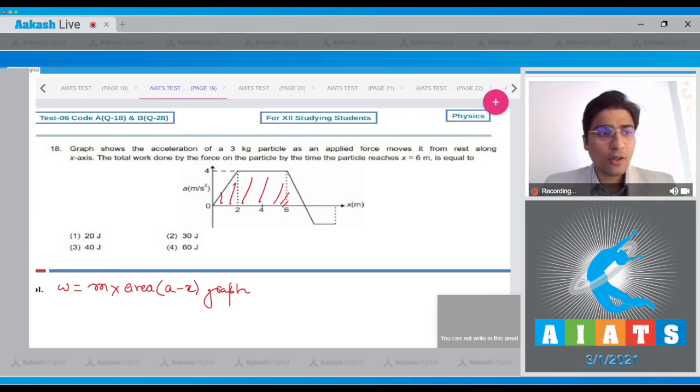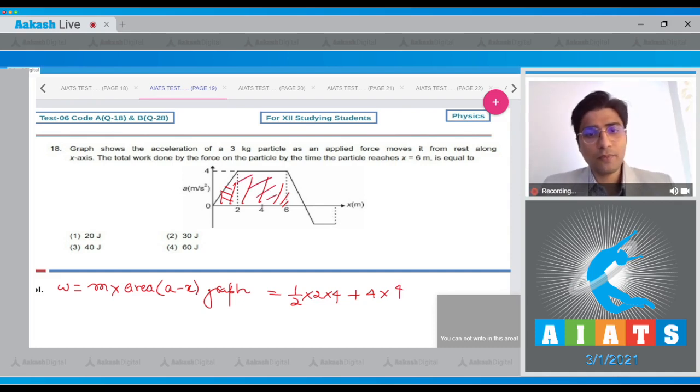The area of this part will be, dear student, equal to half into base into height, that is the first triangular part, plus base into height, that is this square part.